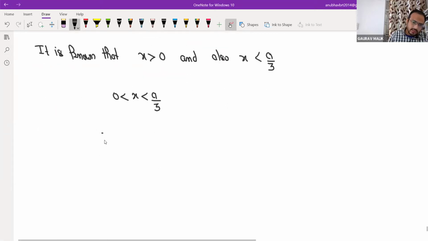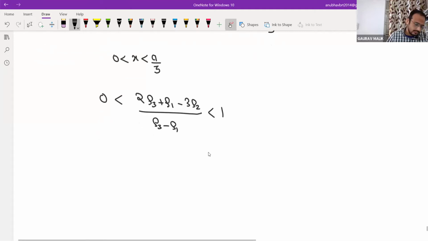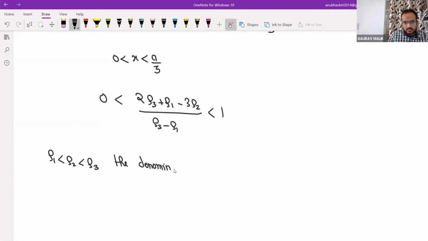When you put this value, you will get 0 to 2 rho 3 plus rho 1 minus 3 rho 2 divided by rho 3 minus rho 1 less than A. It is already given rho 1 less than rho 2 less than rho 3, so the denominator rho 3 minus rho 1 is positive.